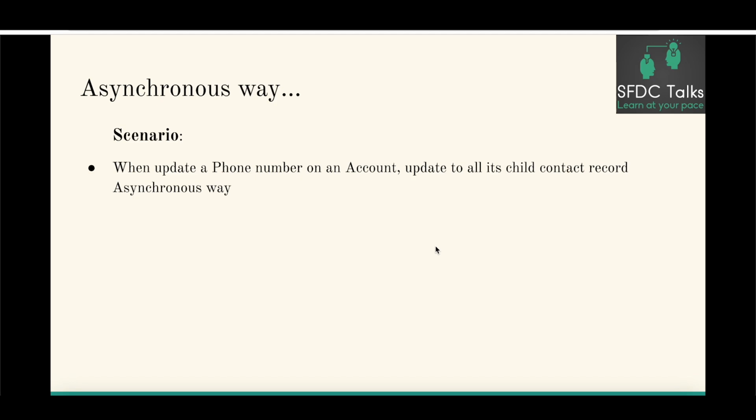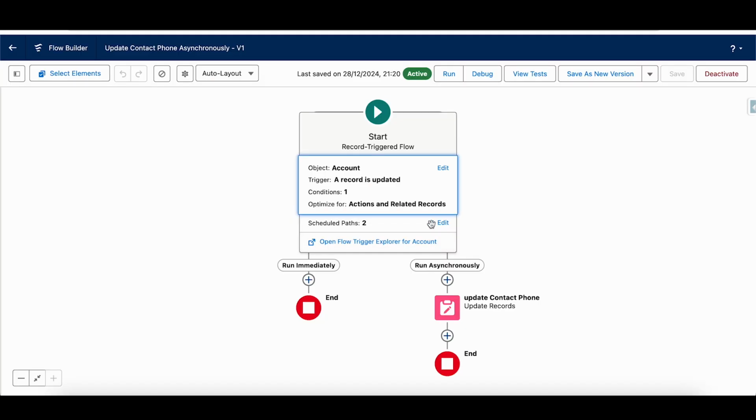You update the account, which is a normal DML transaction, and you update the contact in the background while you do other work in your front end, without stopping the execution. In that scenario, this asynchronous way of doing things will help a lot. So now let's see an example of this.